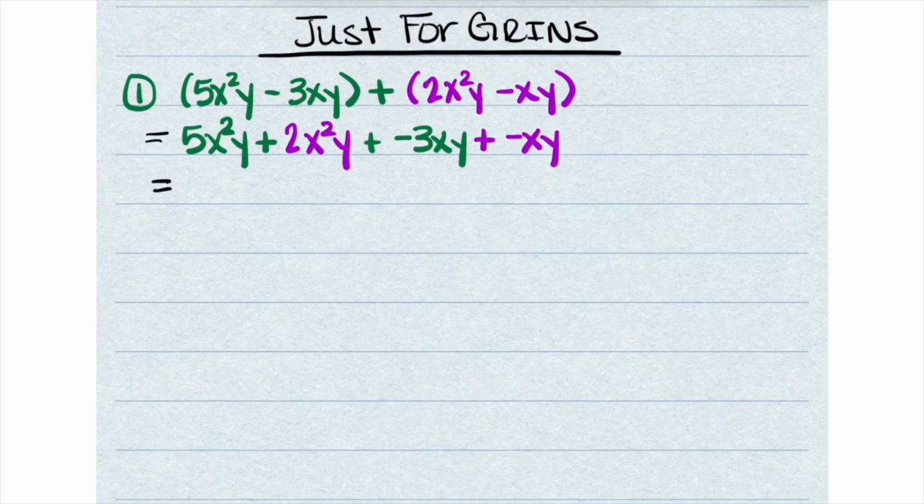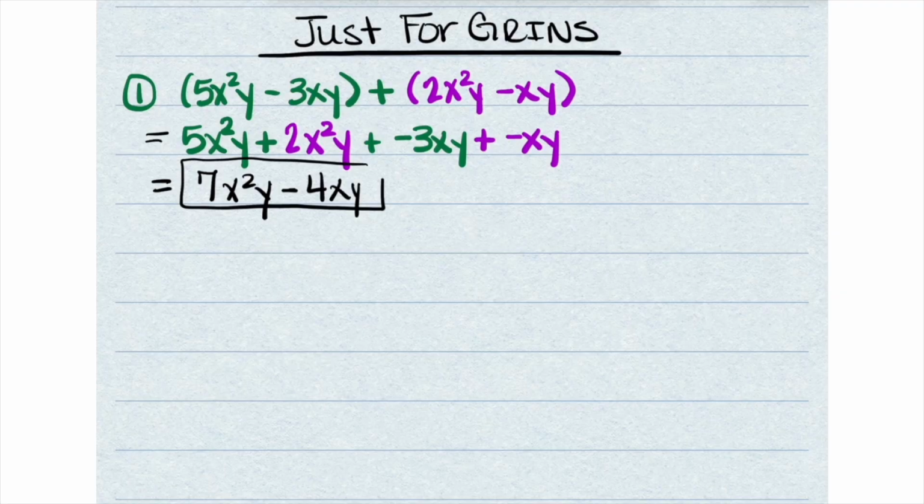So when I add those together, I get what? The 5 plus the 2, that's going to be 7x squared y. And then a minus 3 and a minus 1, that's a minus 4xy. See that? 7x squared y and a minus 4xy. Do you remember what I said about the degree? It's of the largest term.